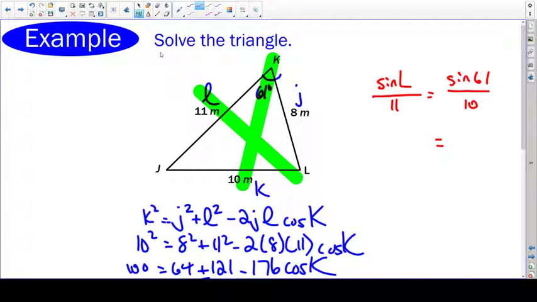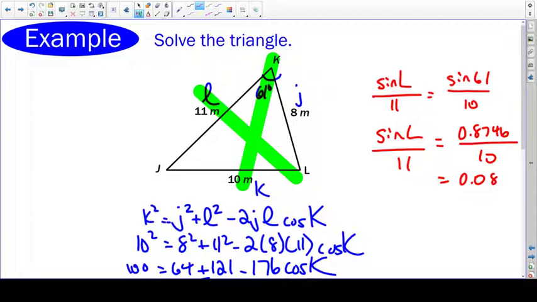So 61 sine is 0.8746. And then I'm going to divide that by 10. And that's going to be sine L over 11. So when I take that and divide it by 10, I get 0.08746.